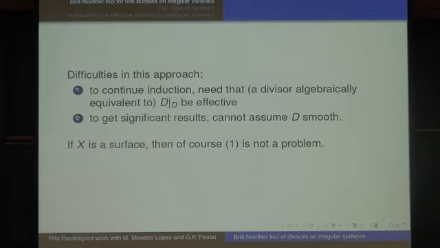And then in the case of surfaces, we've been able to somehow work around problem 2 and avoid assuming smoothness. And so the sum of these two facts is that, in fact, we have an existence theorem and connectedness theorem for curves on surfaces.